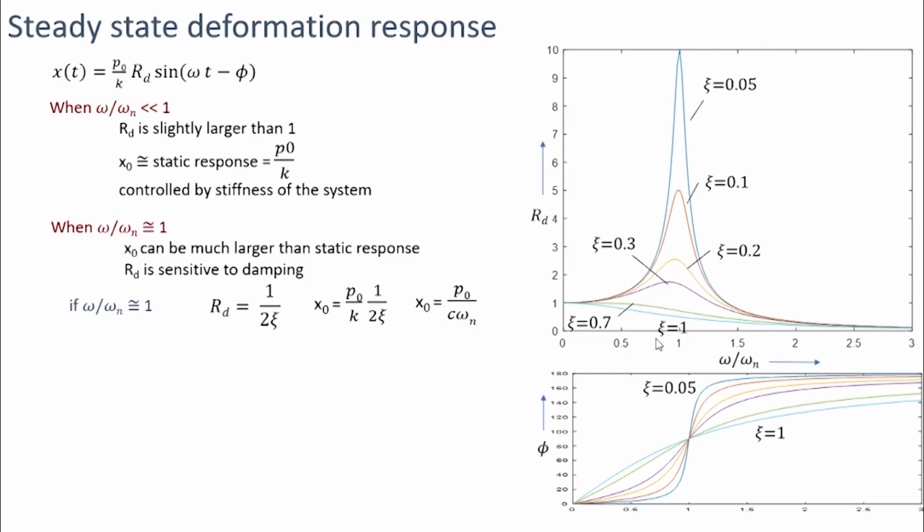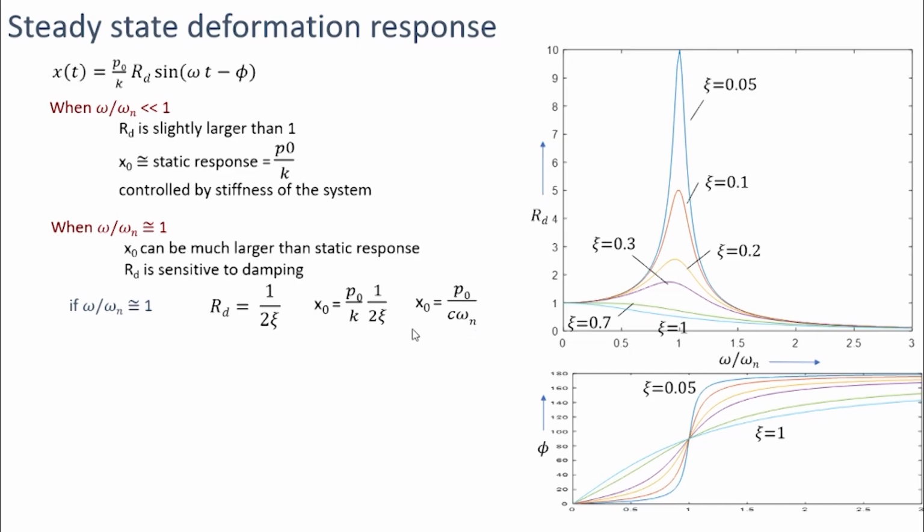So we can say that when the frequency ratio is close to 1, the steady state response is controlled by the damping in the system. So when the frequency ratio is approximately equal to 1, the value of Rd would be 1 by 2 zeta, and the steady state amplitude becomes P naught by K multiplied by 1 by 2 zeta. If we substitute the damping ratio, we get x naught equal to P naught by C omega n.